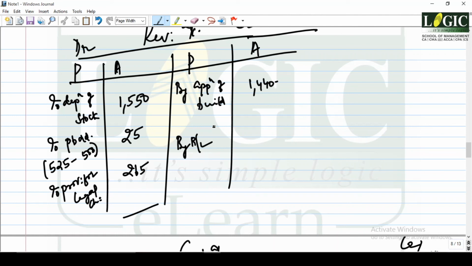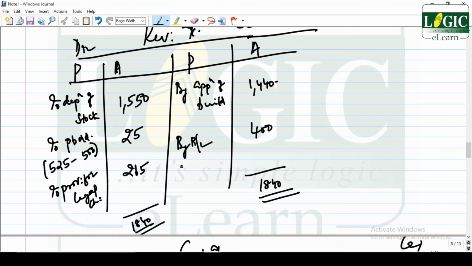You have more on the debit side, that is 1,550 plus 25 plus 265, it's 1,840, minus 1,440 on the credit side. So 400 is your revaluation loss. We have a total of 1,840 on both sides.